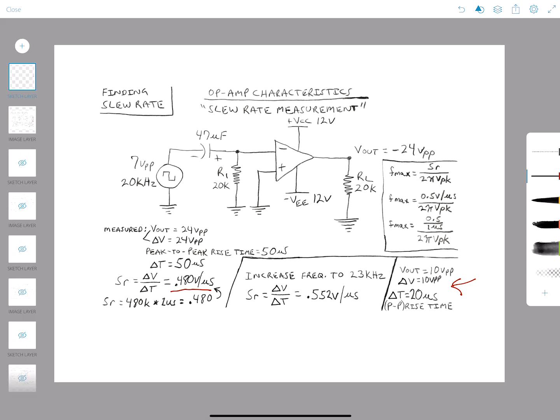So this was a scenario we could use to reach our maximum input frequency. If we wanted to find out the frequency, we would just take this 20 microseconds and reciprocate that, and that would give us 1.67 megahertz that we could put into this circuit and still maintain the slew rate, without having attenuation on the output.